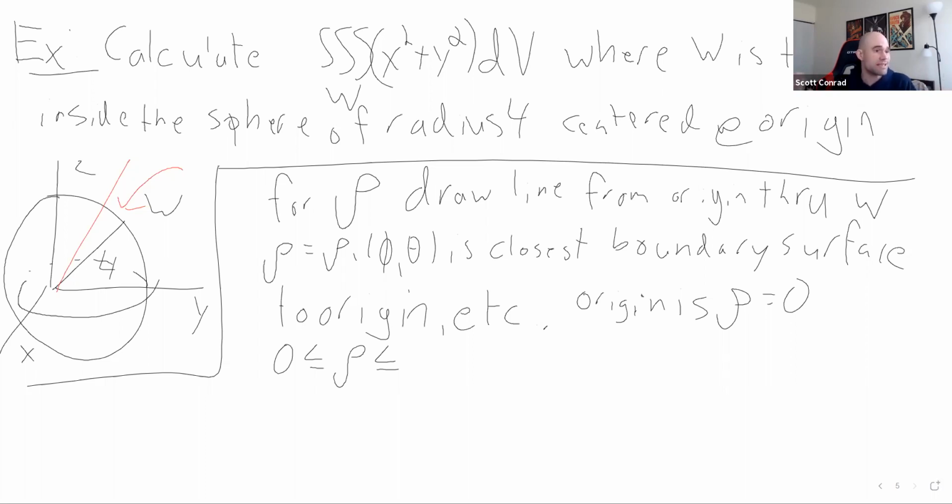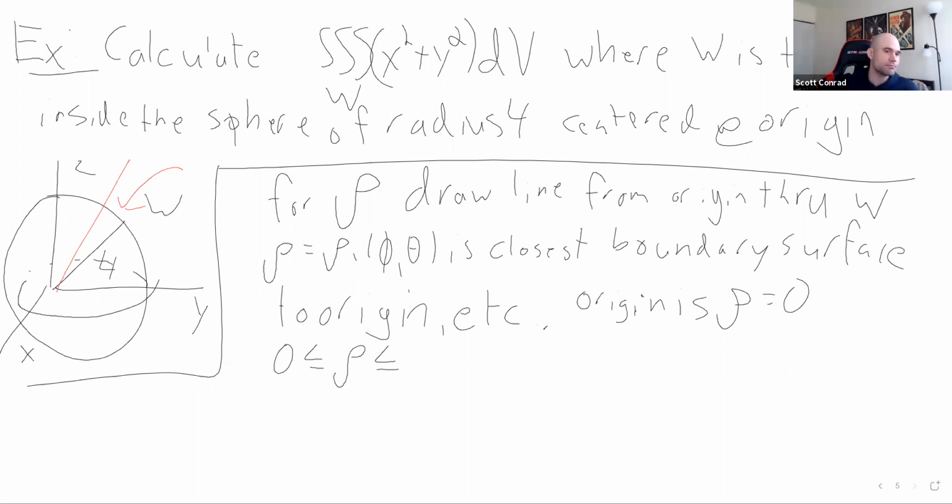Which variable tells us distance to the origin? Careful, that's r, which is not in spherical.